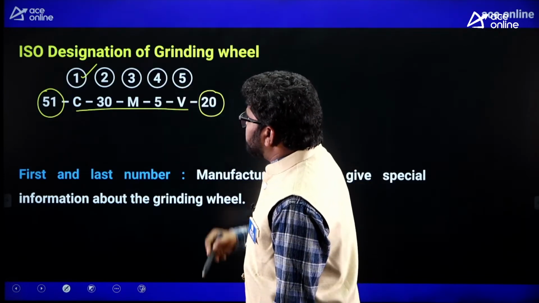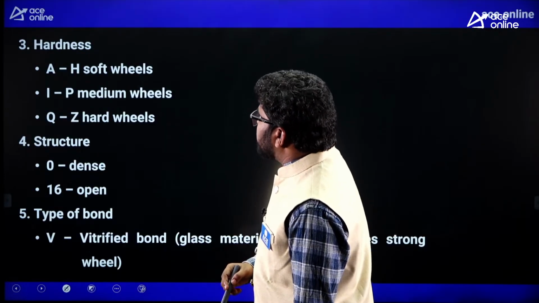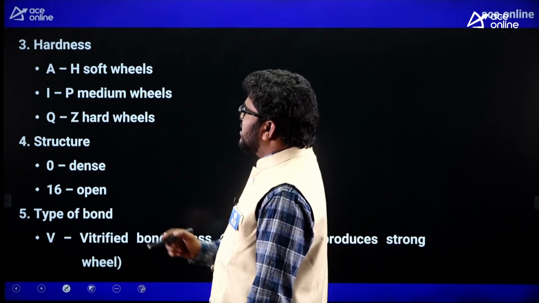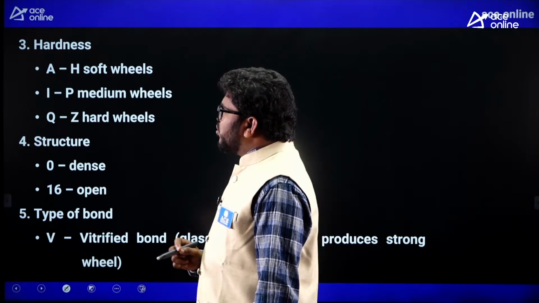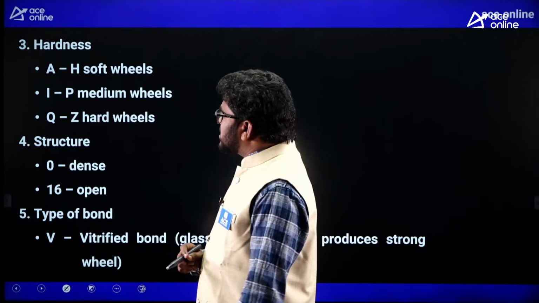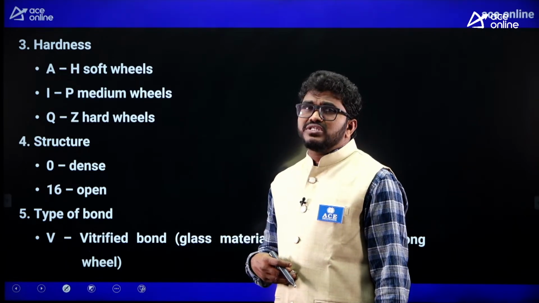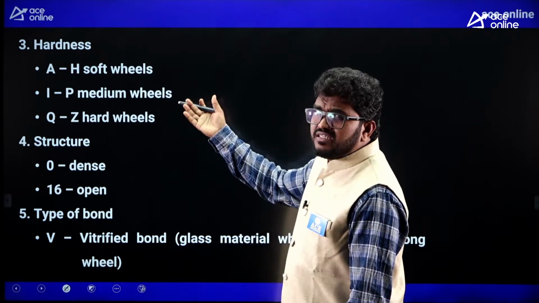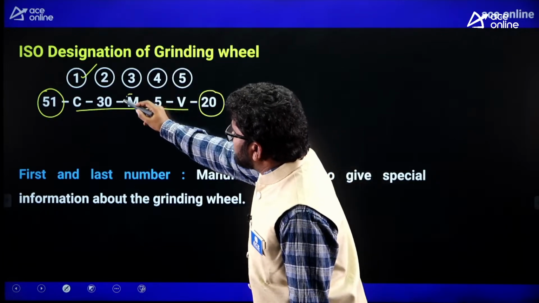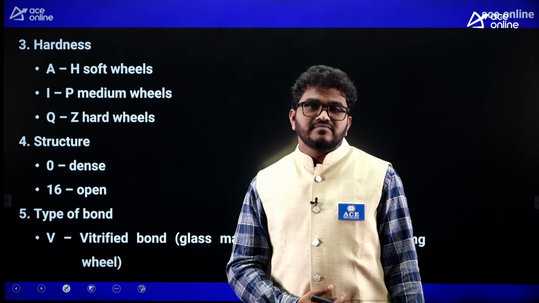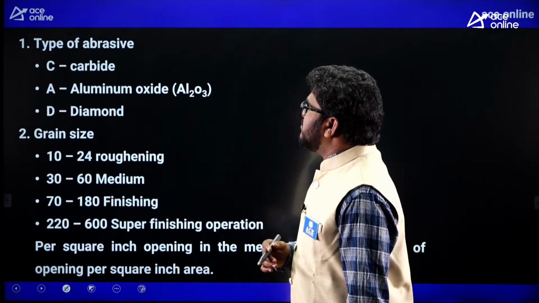Next, the third one, letter M, represents hardness. Alphabets A to Z are there: A to H represent soft, I to P represent medium, Q to Z represent hard. In this example, M is given, so it is a medium hard wheel.